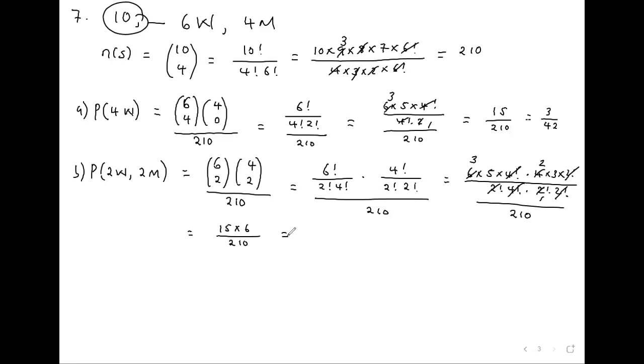I think it can go 14 times, if I'm not mistaken. 210 divided by 15, yeah, 14 times. So now 2 can go into 14 seven times. So 3 over 7.